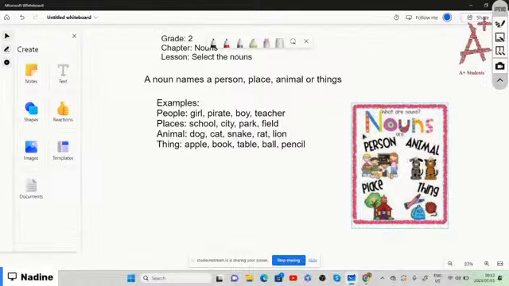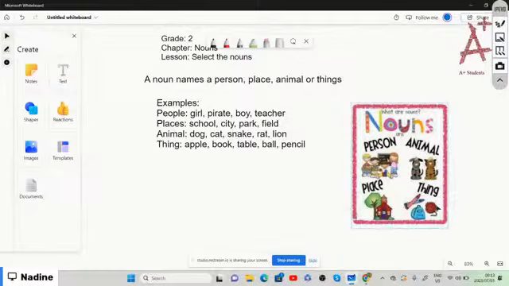And here it shows that nouns are persons, and there you see lots of kids. Even the teacher is identified as a noun. Animals, and there we see different pictures of animals identified as nouns, so dog, cat, different animals that we made mention of.